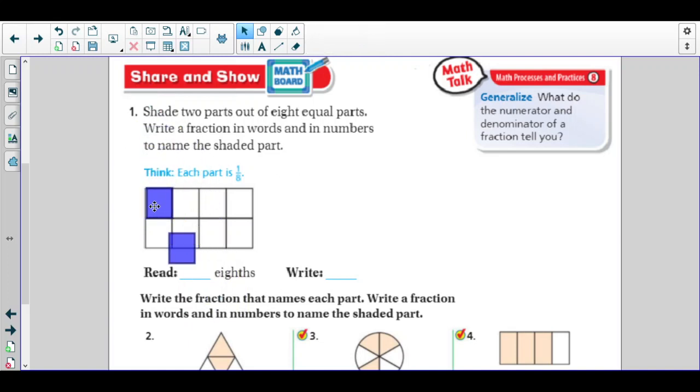So there's 1, and there is 2. Okay, so 2 parts. That's read as 2/8. And we would write that as 2/8.